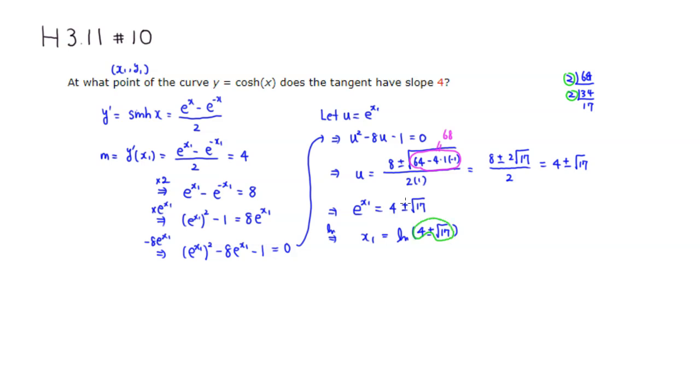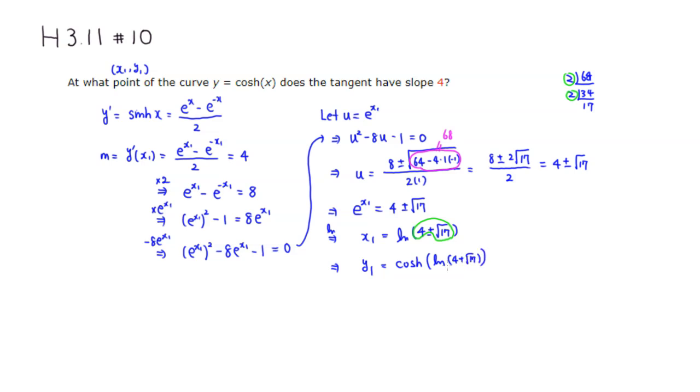So x1 came out to be the natural log of 4 plus square root of 17. If you want to find y1, all you have to do is plug that into hyperbolic cosine. So you have hyperbolic cosine of the natural log of 4 plus square root of 17.